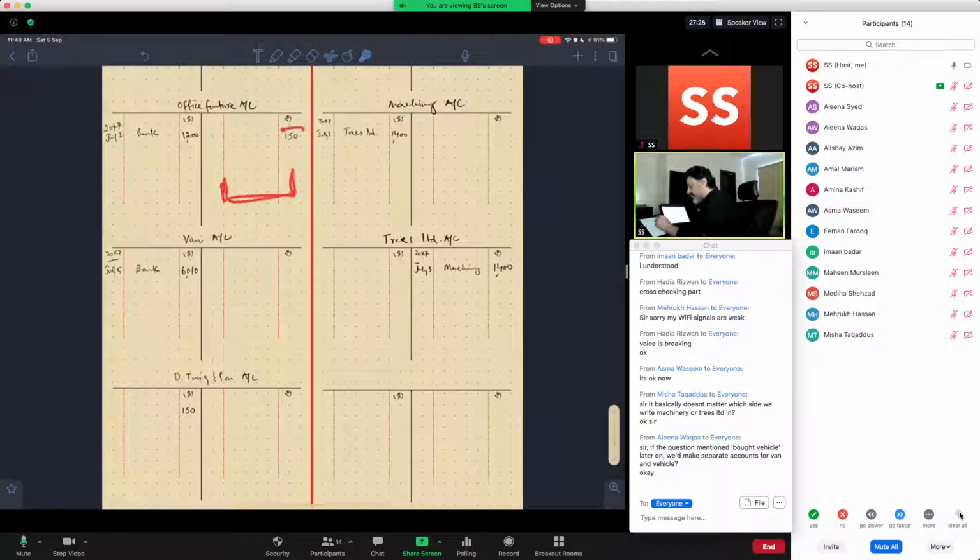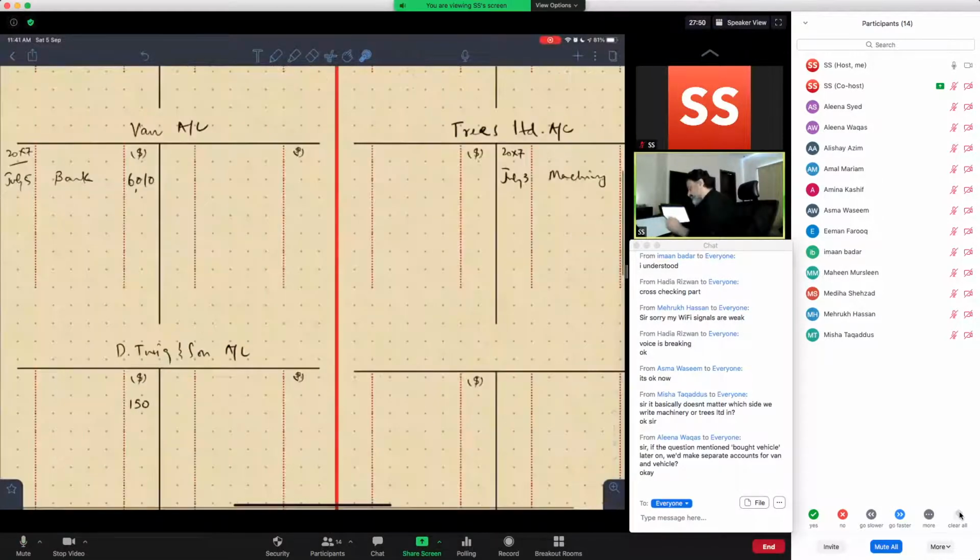Furniture was being credited, and that is why we chose the credit side or the right side. And for D. Twig and Sons account, the debit side is here. So D. Twig and Sons has been debited and office furniture account has been credited. And then I'm going to put the rest of the information here.